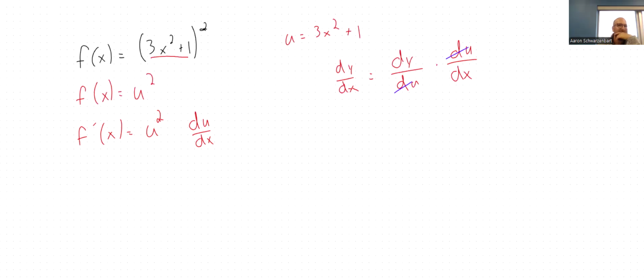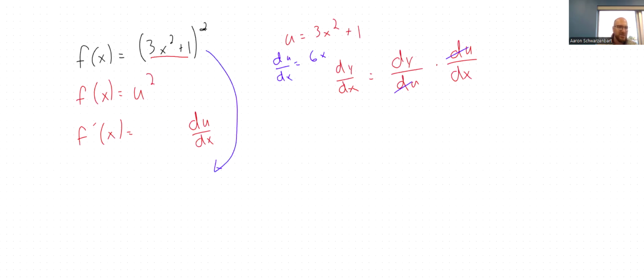So where did we get du over dx from? What does that mean? That simply means the derivative of this u function. So applying this, oops, that's not u squared.